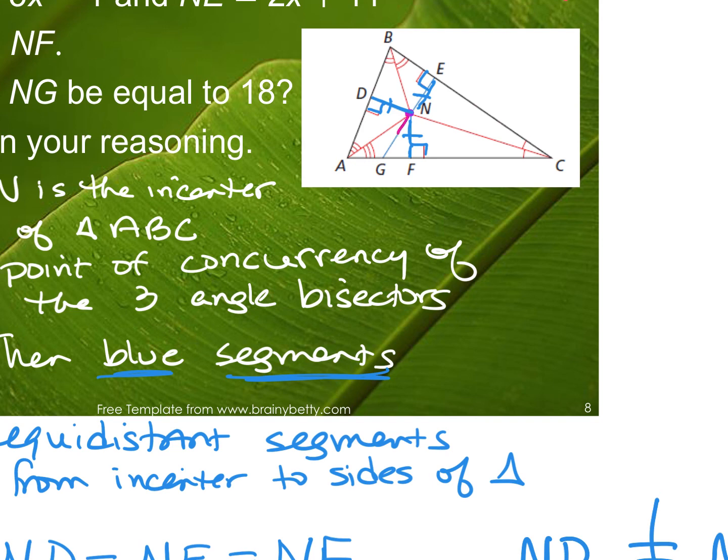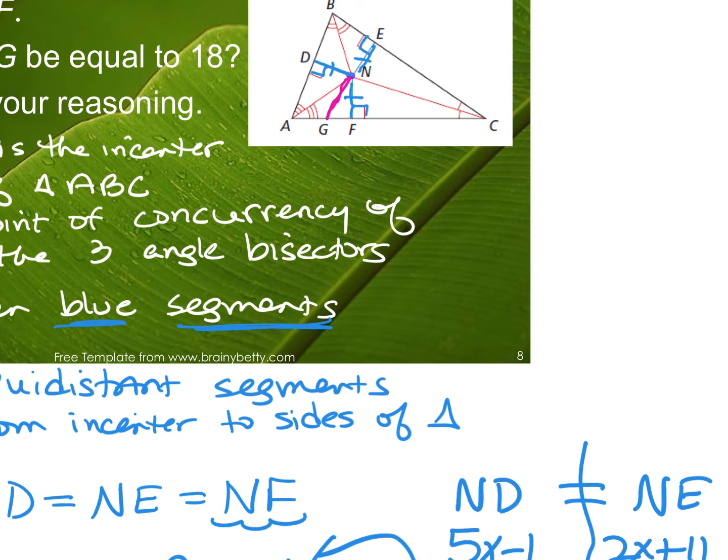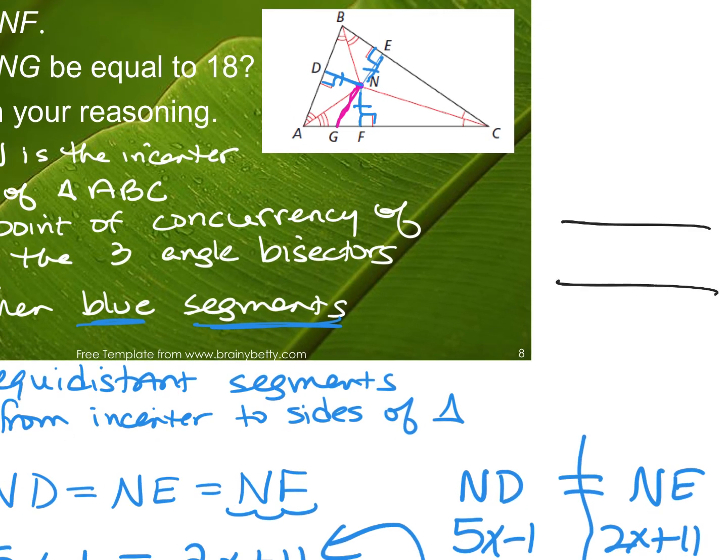If you recall from chapter 3, when I talked about the banks of a river and getting across the fastest way or the shortest distance, the shortest distance is always the perpendicular distance. I've already found that perpendicular distance. That was NF, and NF is 19.